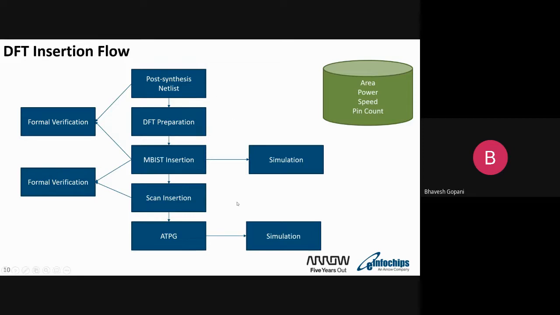This is to ensure our design functionality is not modified, because DFT is such an activity that it only comes in the test mode, and the functionality should not be changed anyhow in a design, otherwise it's a great problem.